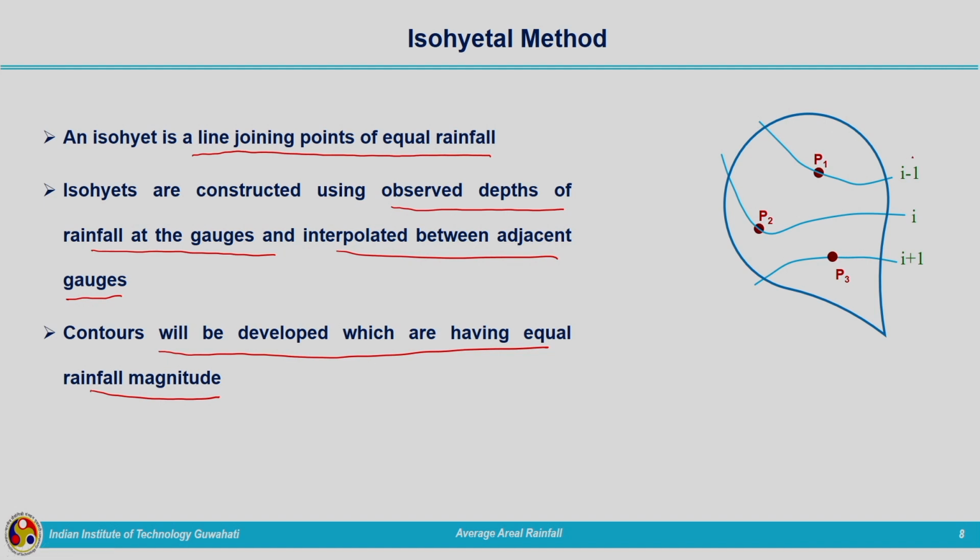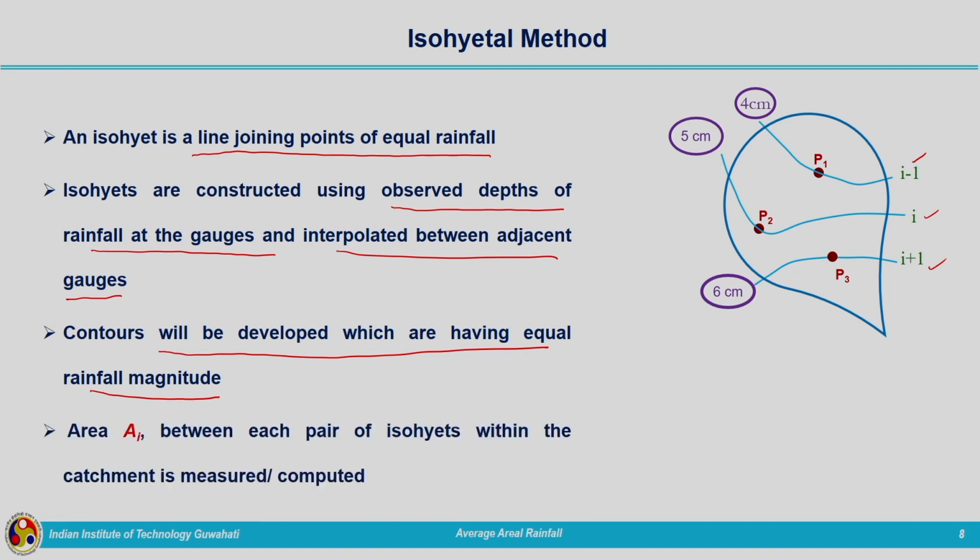So, I am representing that by means of notation I minus 1, I, I plus 1. Let the I minus 1th contour represent a rainfall of 4 centimeter, the ith contour represent 5 centimeter rainfall, and the I plus 1th one represent 6 centimeter rainfall. Now, Ai is the notation which I am using for the area between each pair of isoheights within the catchment.